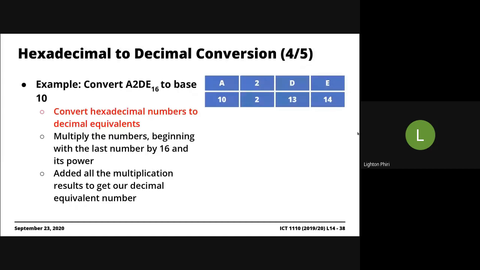The second step is you multiply these converted numbers by their respective powers of 16, beginning with 16 to the power 0.